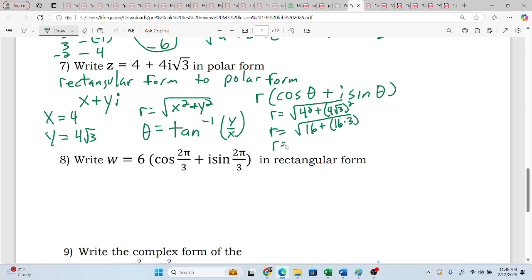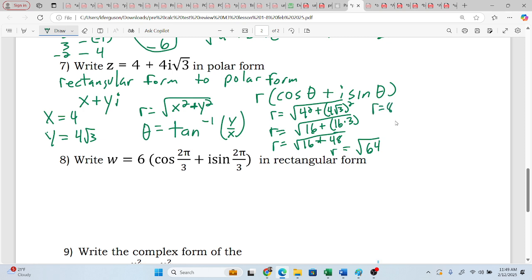So that's r equals the square root of 16 plus 48, which is the square root of 64. And what's the square root of 64? It's 8.